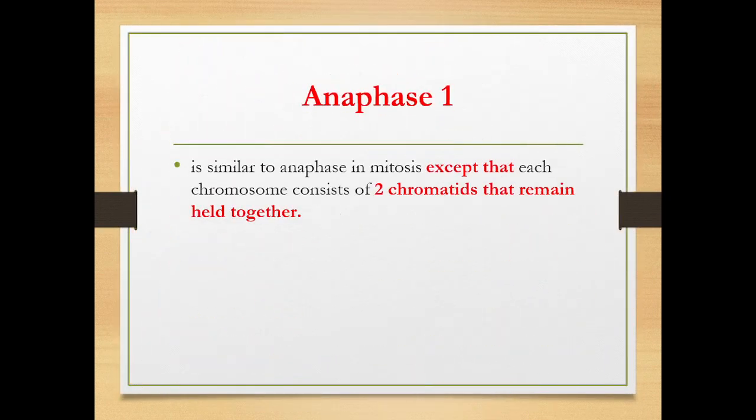After metaphase, we expect anaphase, and this is similar to anaphase in mitosis, except that each chromosome consists of two chromatids that remain held together.